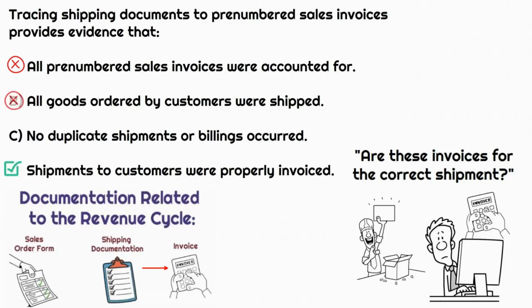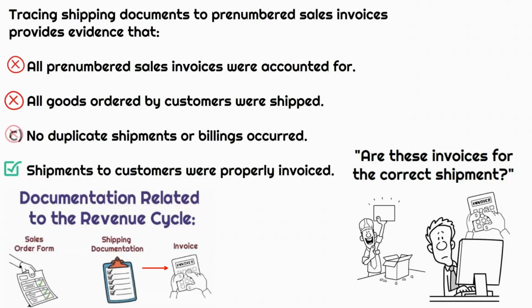Okay, so how about all goods ordered by customers were shipped? Tracing transactions from sales invoices to shipping documents would help verify that all goods ordered by customers were shipped, but it would not necessarily provide information about the accuracy of the invoicing. This is because it's possible for goods to be shipped, but not invoiced properly or invoicing errors to occur.